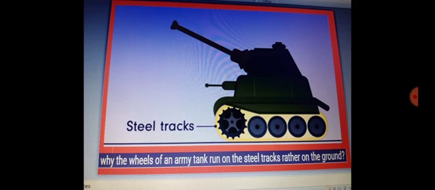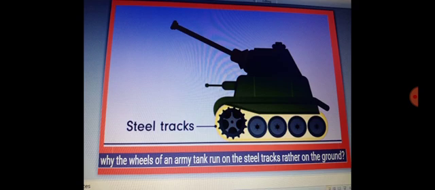Therefore, the pressure becomes more and the tire starts sinking into the ground. In order to avoid that, the wheels of the army tank run on steel tracks.